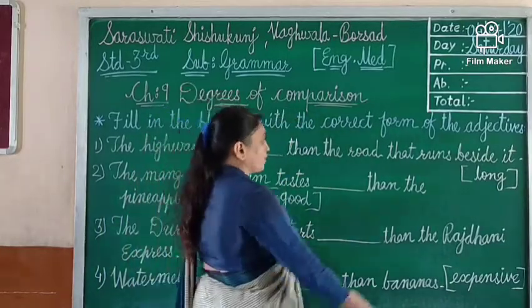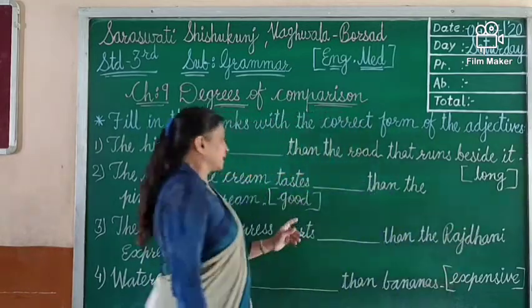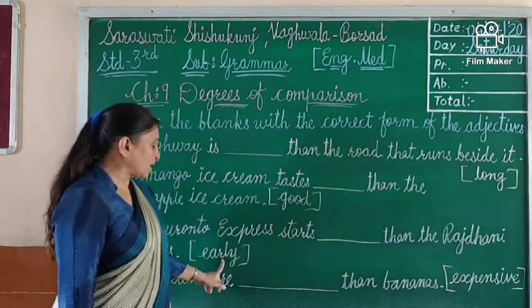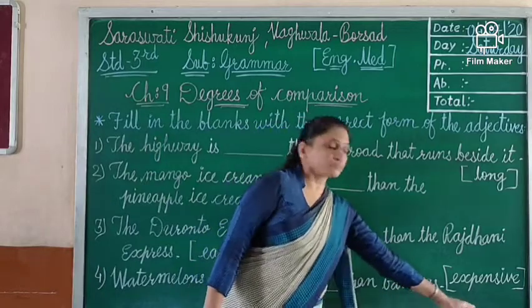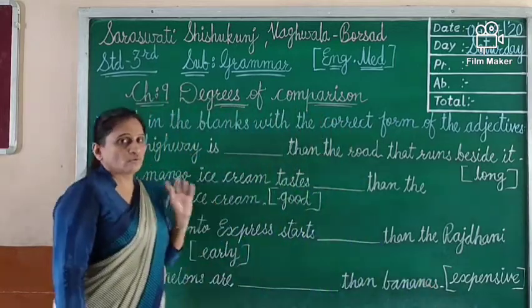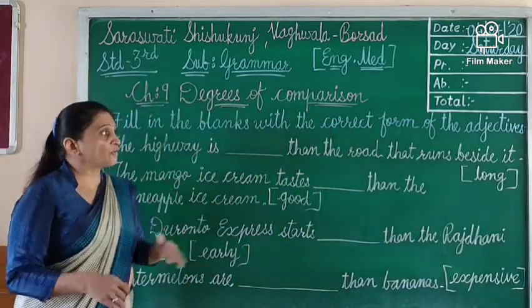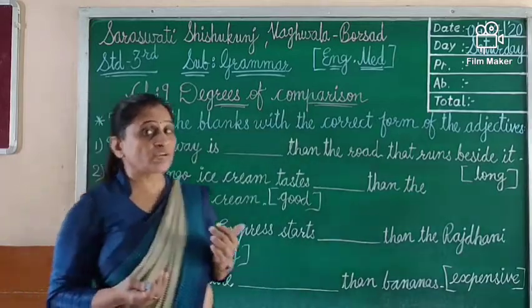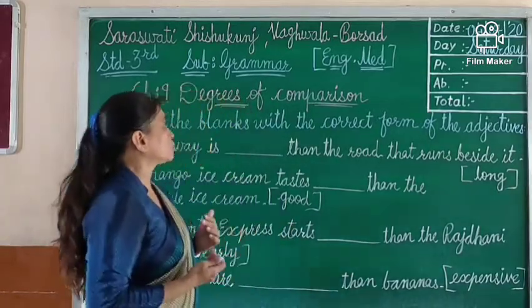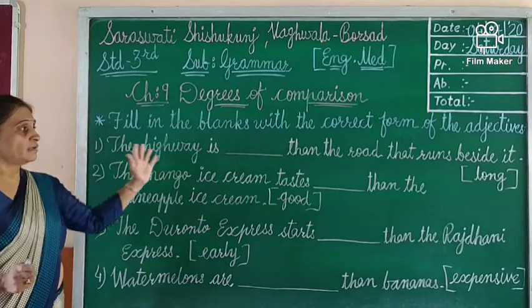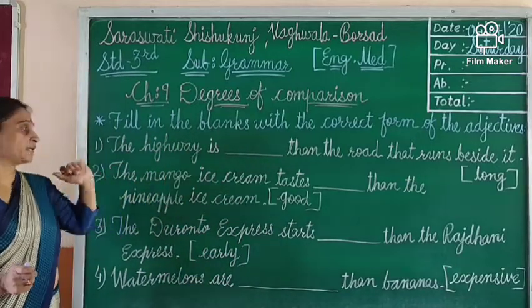First number long, second number good, third number early, and fourth number expensive. So how will you change them in the comparison degree? I will explain with the examples.